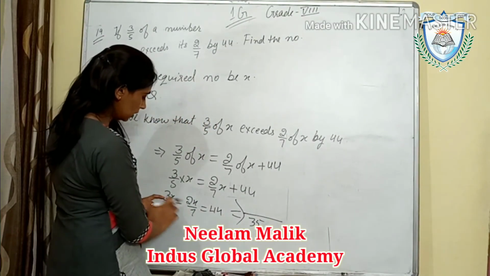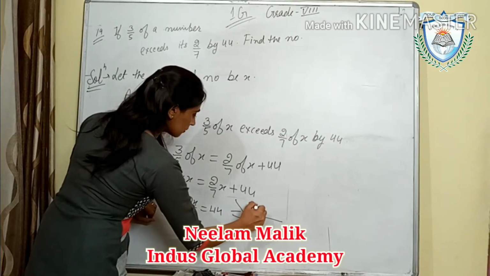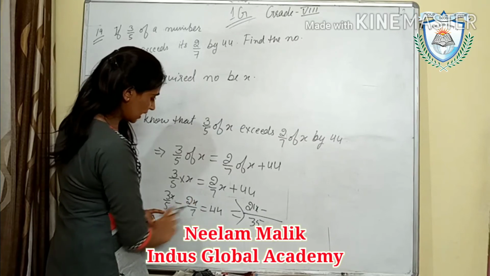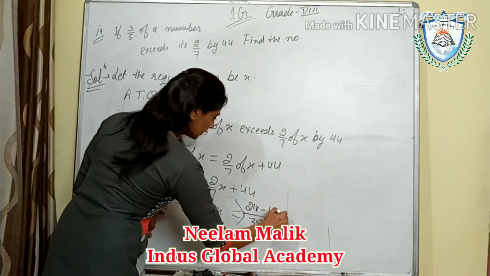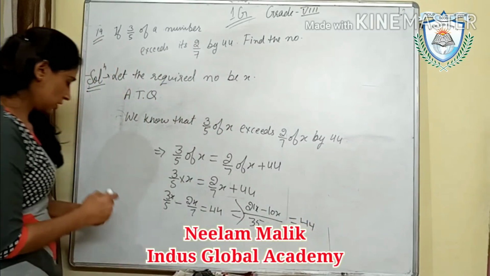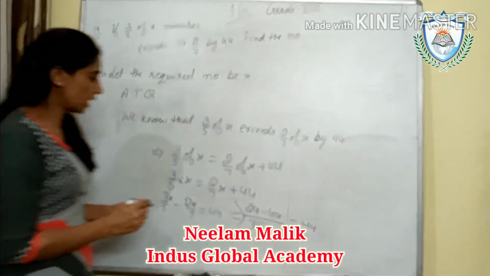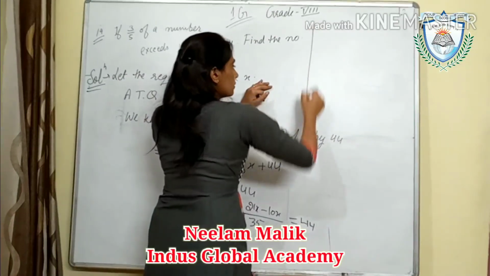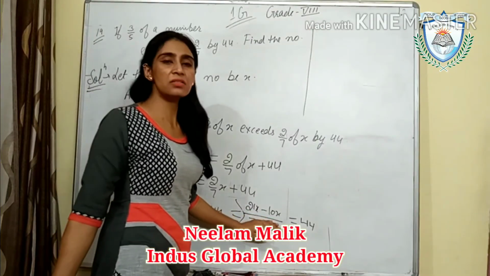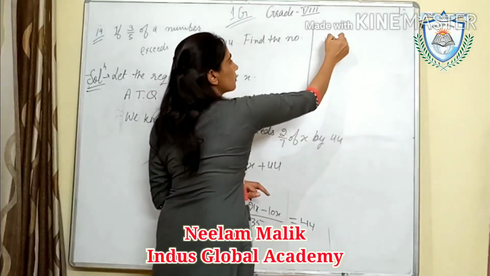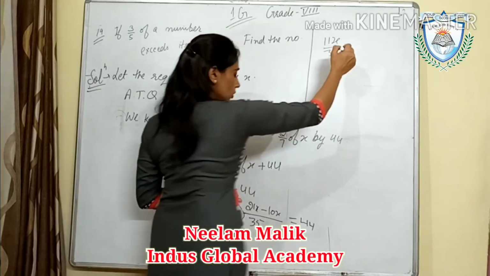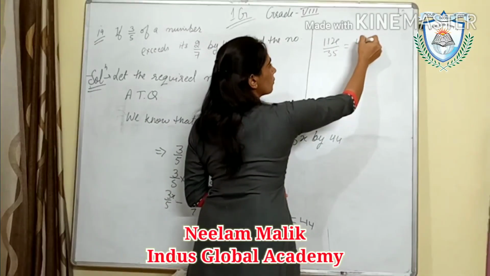So here will be 21x minus 10x is equal to 44. Now after this, 21x minus 10x, it will be 11x upon 35 is equal to 44.